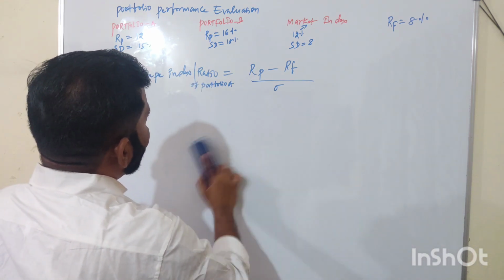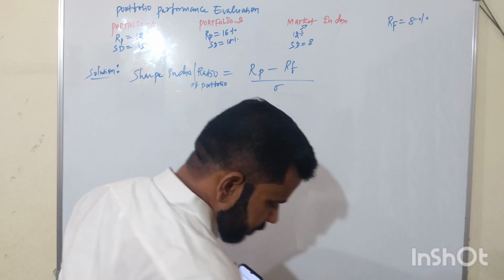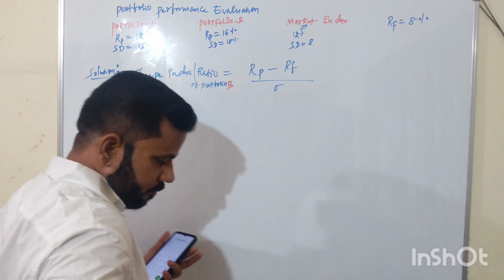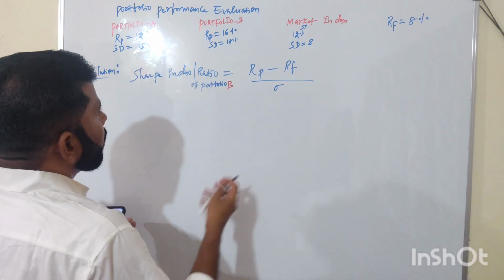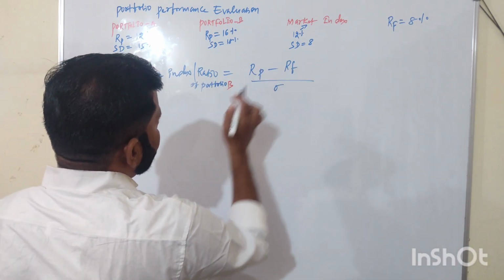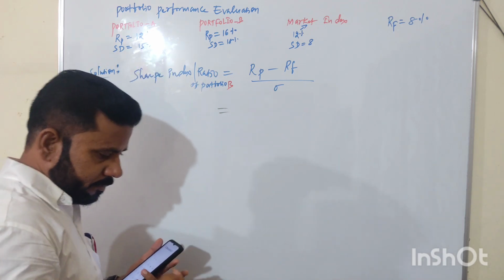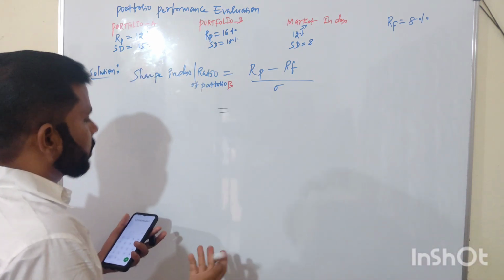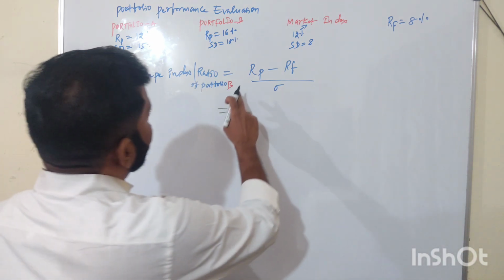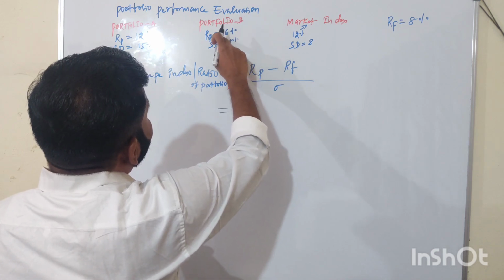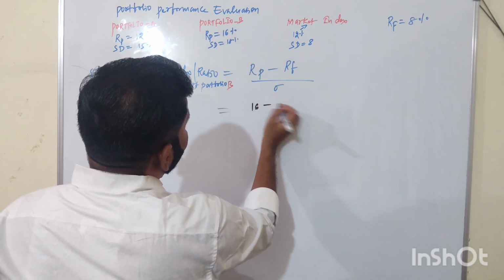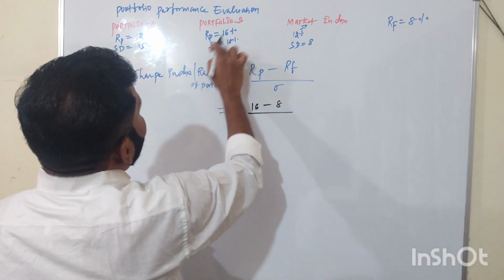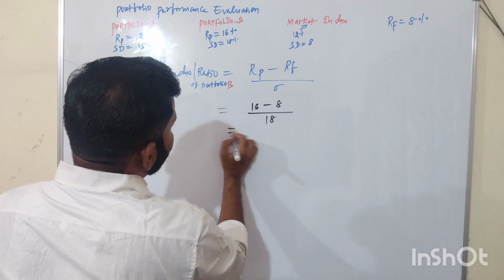Now let's calculate the Sharpe ratio of portfolio B. What is the formula? Same, RP minus RF divided by standard deviation. What is the portfolio return of portfolio B? RP 16% minus RF 8%, divided by the standard deviation of portfolio B, 18%, which is given in the problem.